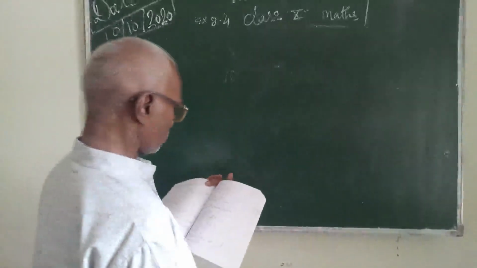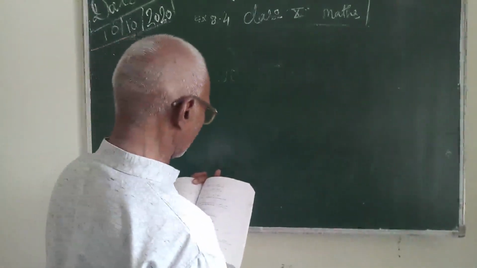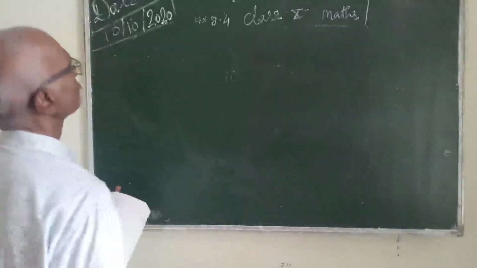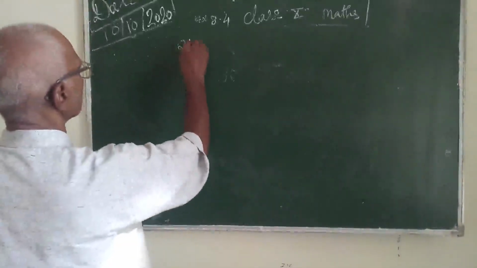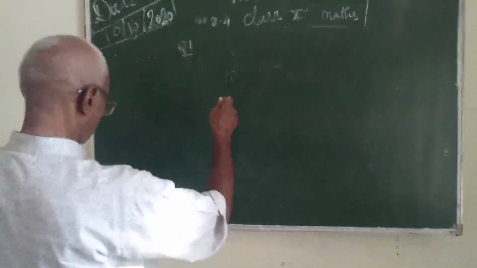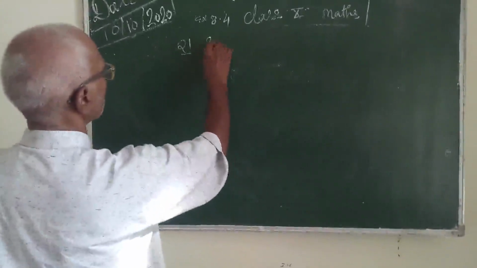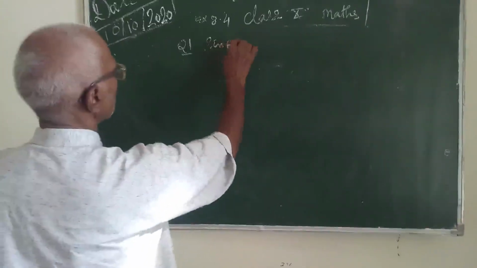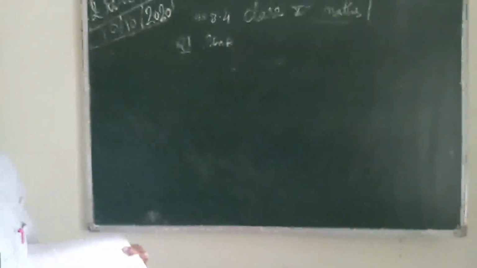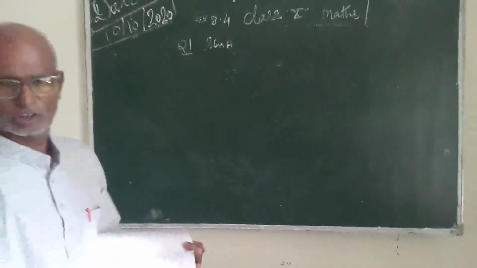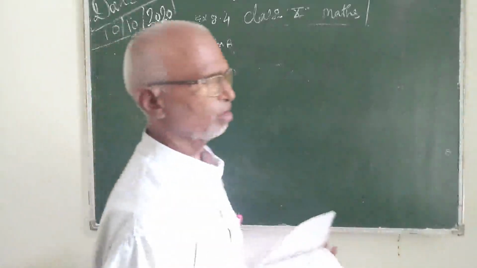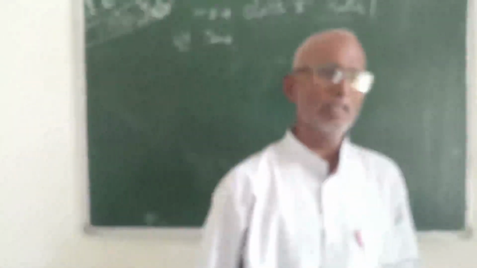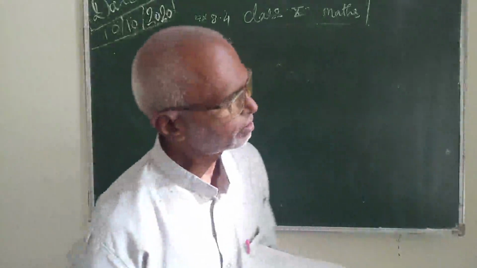So express trigonometric ratio sin A, sec A and tan A in terms of cot A. Question 1. We have to express sin A in terms of cot A. There are 6 ratios: sin, cos, tan, cot, sec and cosec.